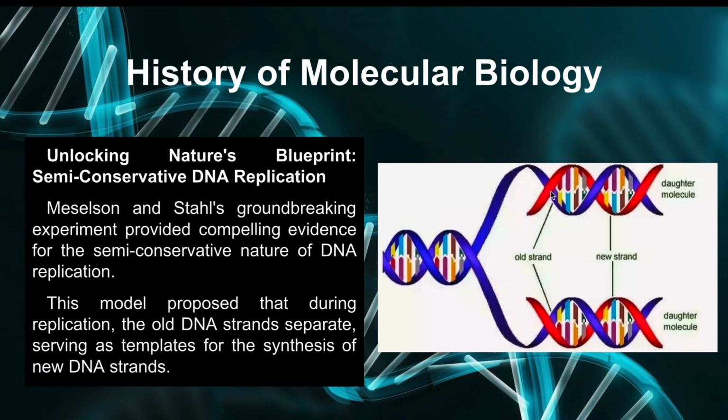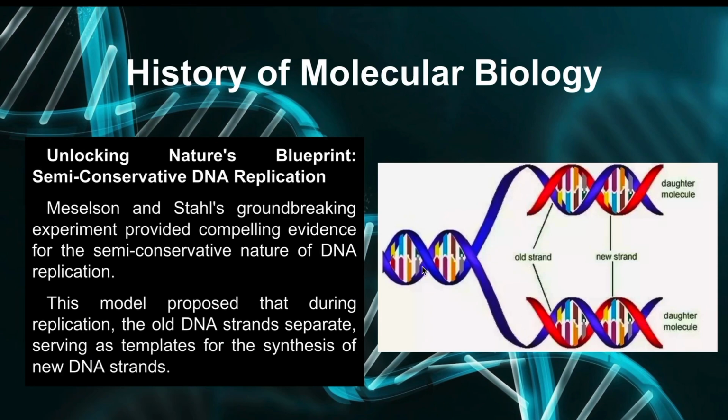So, what is semi-conservative DNA replication? Meselson and Stahl's groundbreaking experiment provided compelling evidence for the semi-conservative nature of DNA replication. This model proposed that during replication, the old DNA strands separate, serving as templates for the synthesis of new DNA strands. Class, notice here yung dark blue na strand.